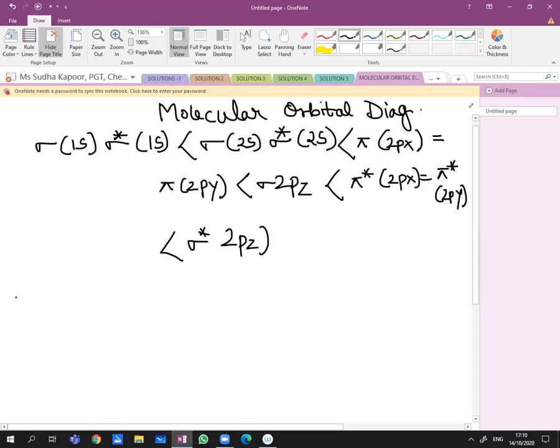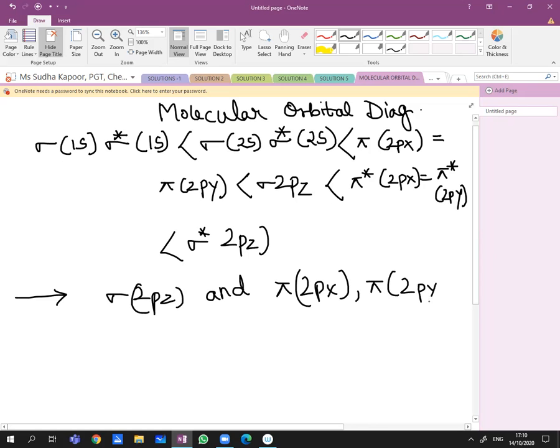But a very important point to remember along with it is the energy level of sigma 2pz, pi 2px, and pi 2py. Remember these three: the energy level gets reversed. What you have seen in the above cases is pi 2px equal to pi 2py, and then sigma 2pz.